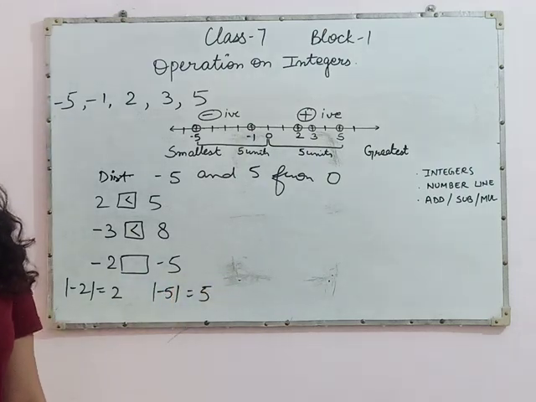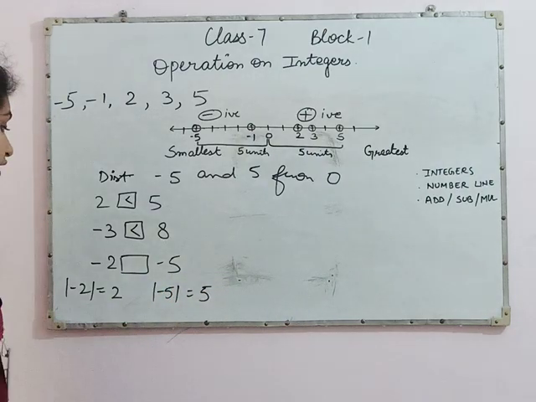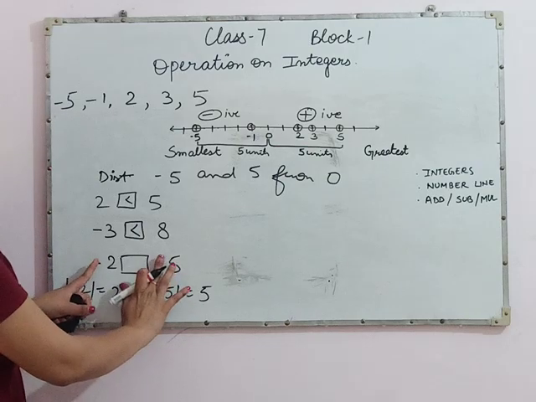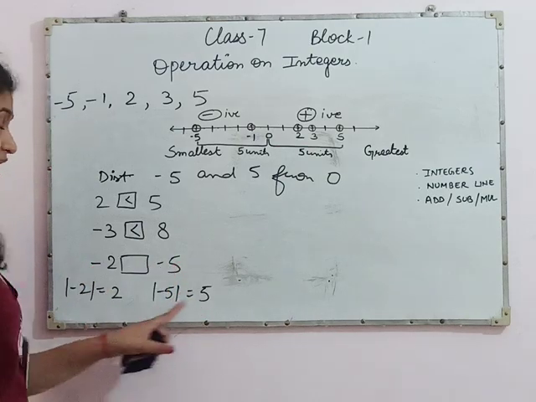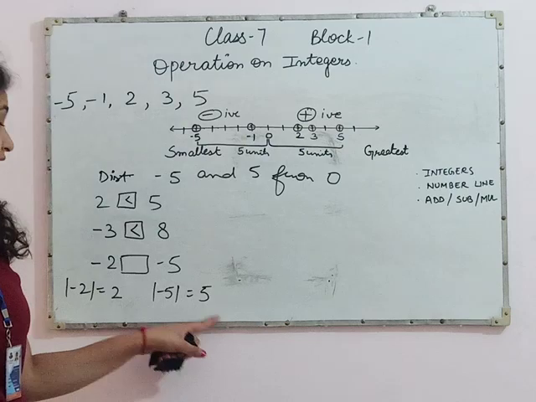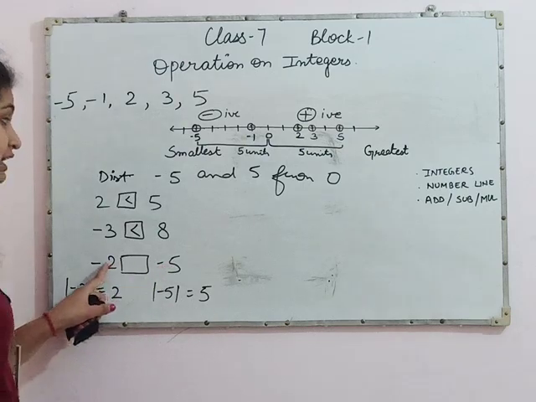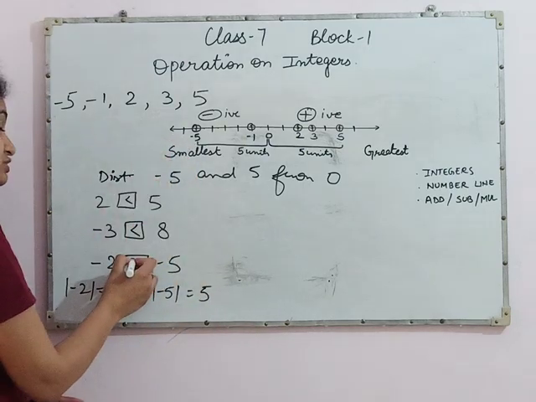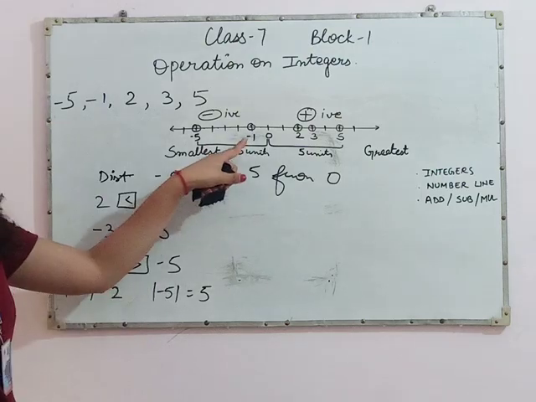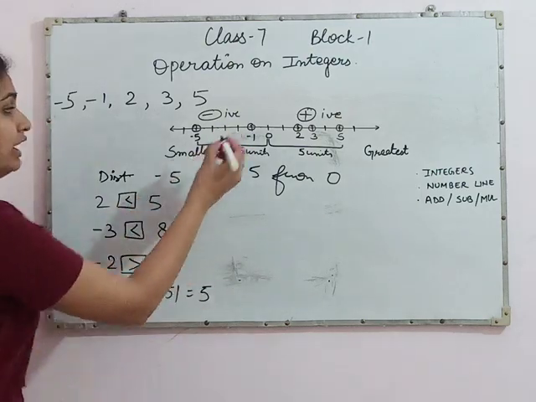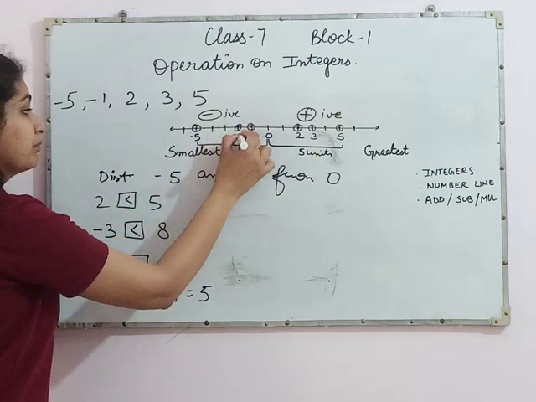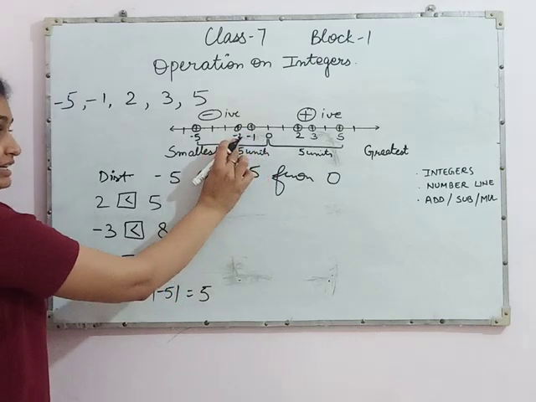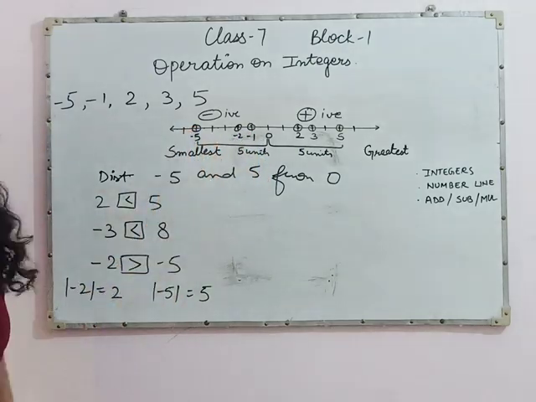We are talking about the absolute values over here. If we ignore signs and take the absolute value, 5 is greater, but the negative signs are there. Minus 5 is smaller than minus 2. Minus 2 will come here. Minus 2 is greater and minus 5 is smaller.